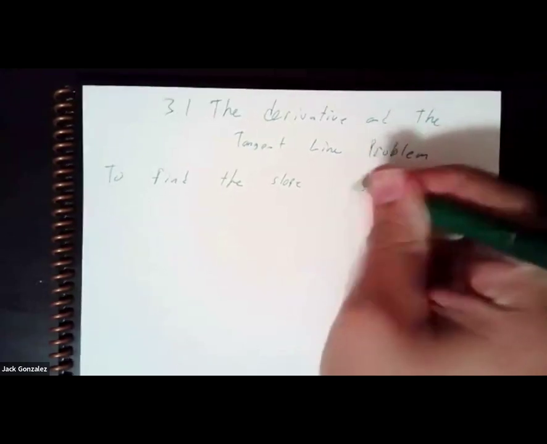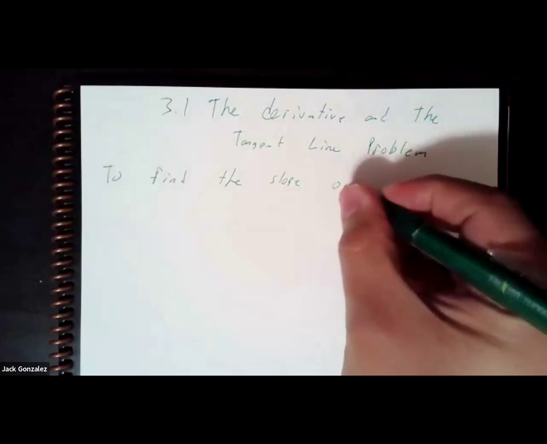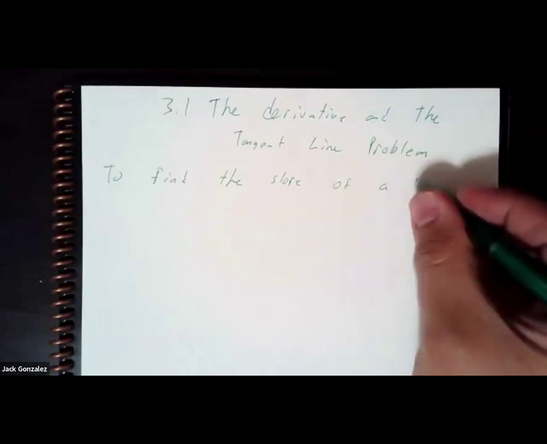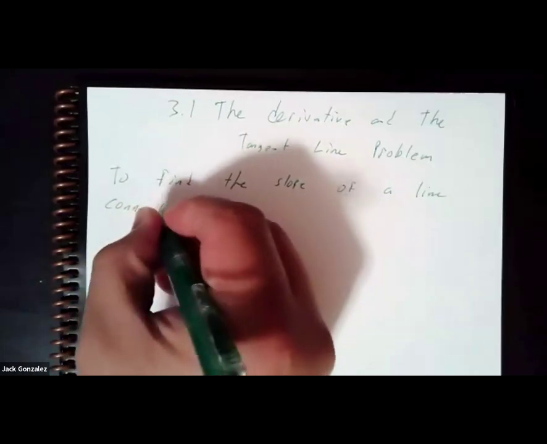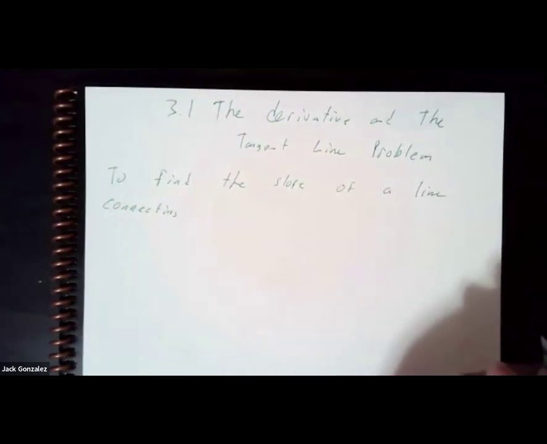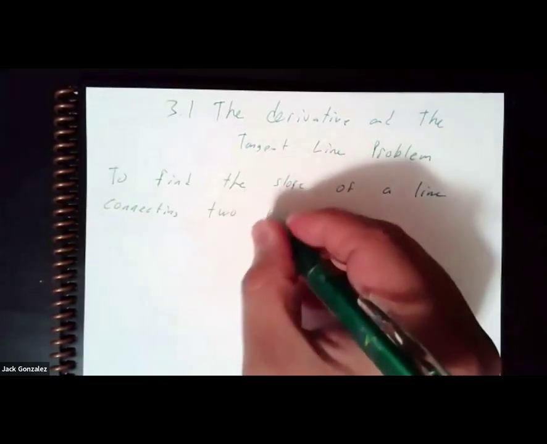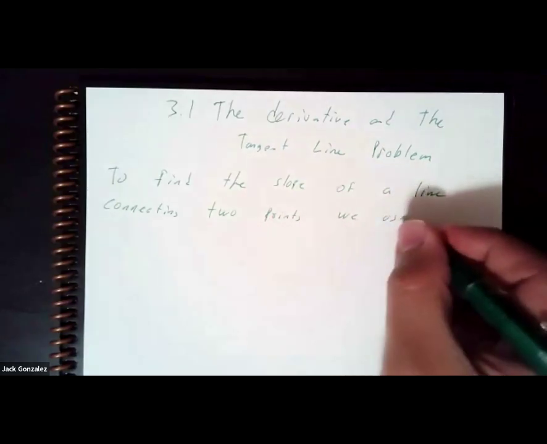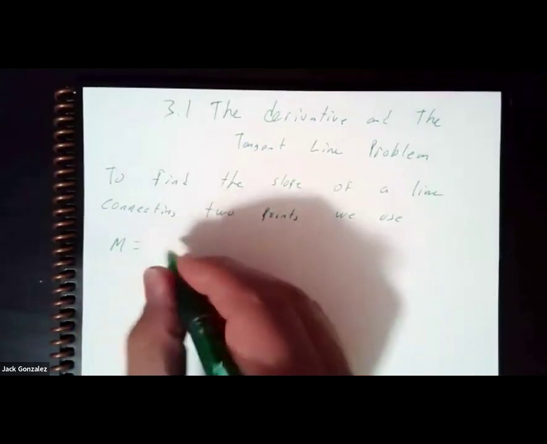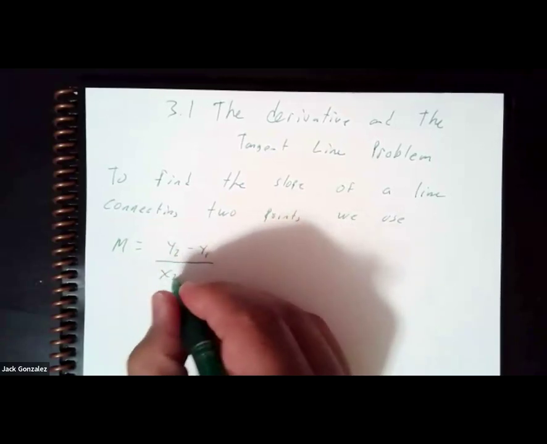Find the slope of a line connecting two points. We use m equal to y2 minus y1 over x2 minus x1.